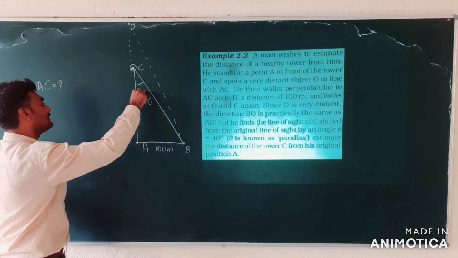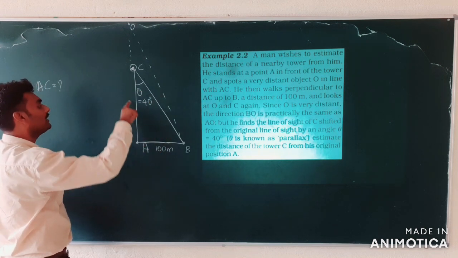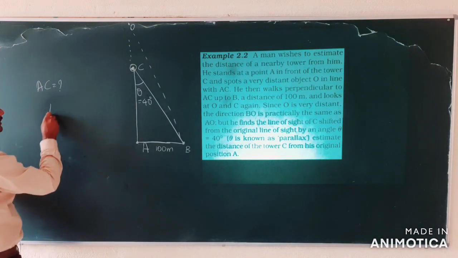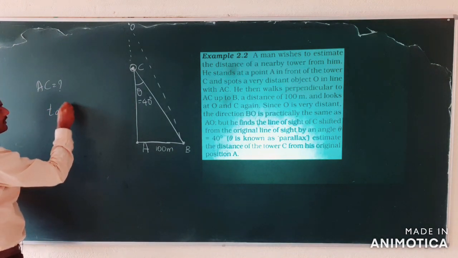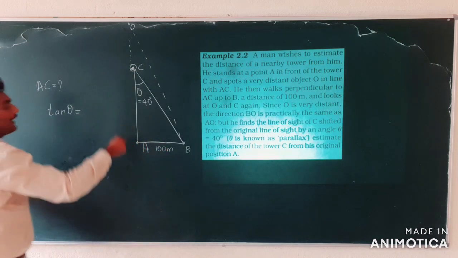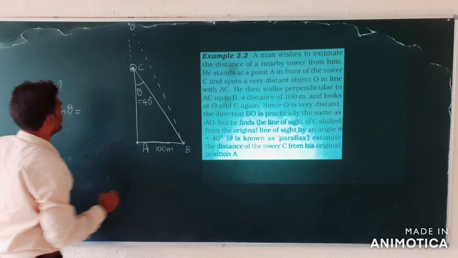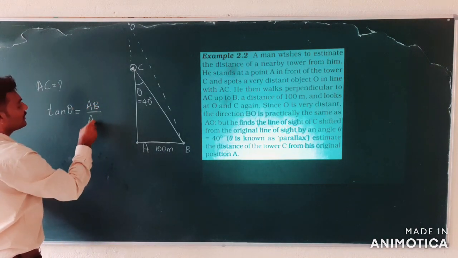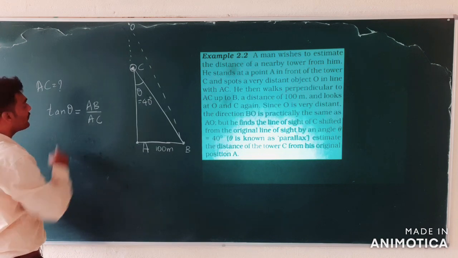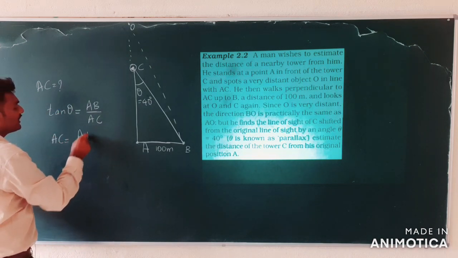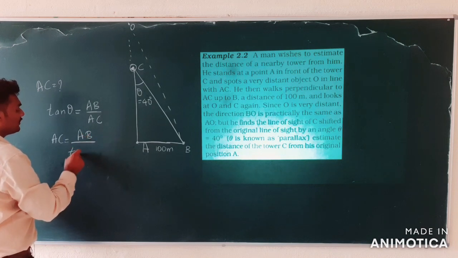Tan theta is given by opposite by adjacent, which is AB by AC. For the given right angle triangle, obviously this is a right angle triangle because AC is perpendicular to AB. Tan theta is AB by AC. What we need to calculate is AC. So AC is equal to AB by tan theta.